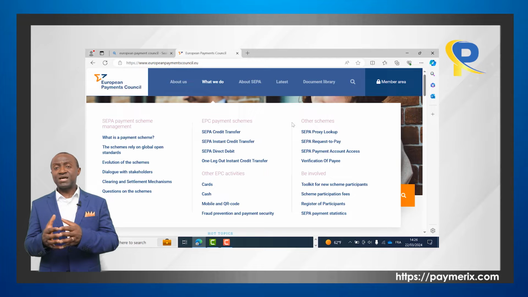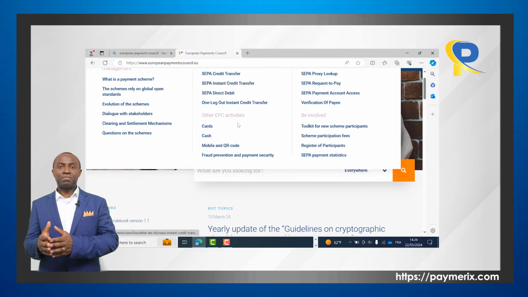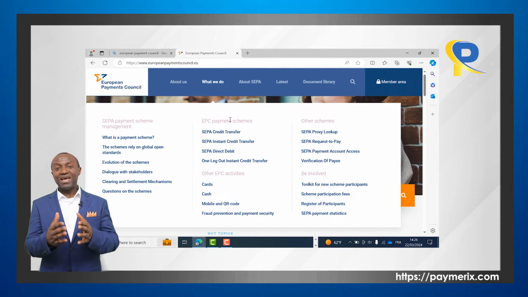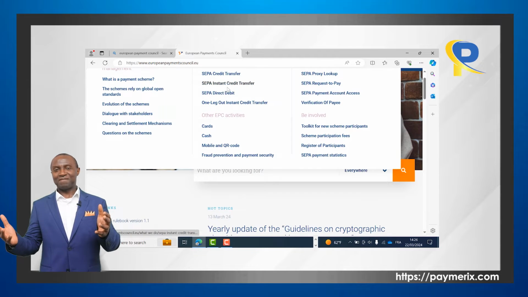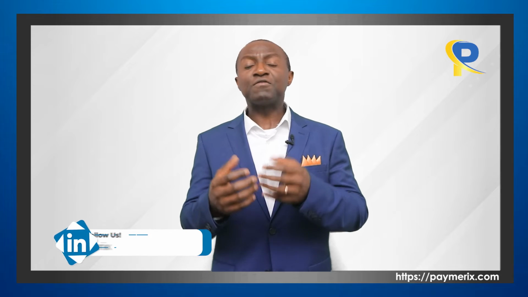On the EPC website, the schemes are classified into two categories: the EPC payment schemes and other schemes. Before looking into them, let us first review the definition of a scheme. A payment scheme is simply a set of rules which payment service providers have agreed upon to execute transactions through a specific payment instrument, such as credit transfer, direct debit, or card.